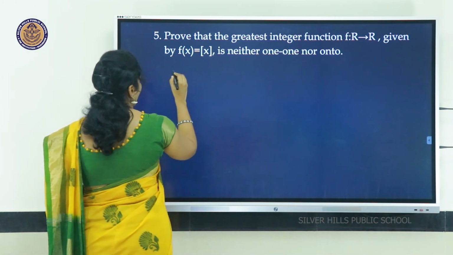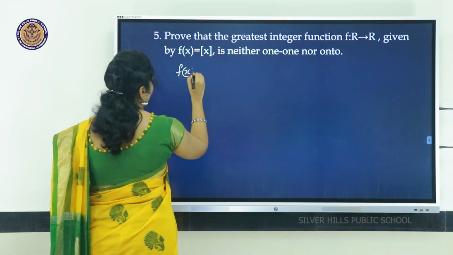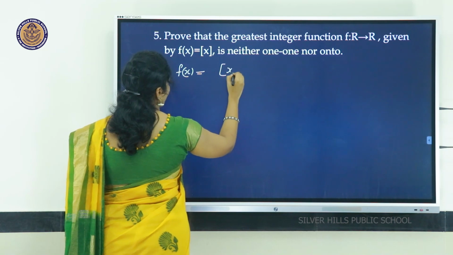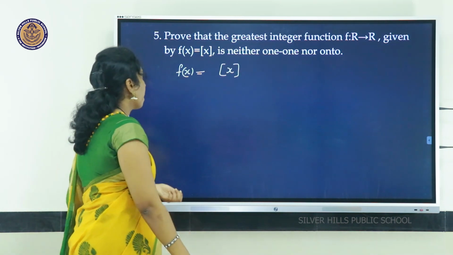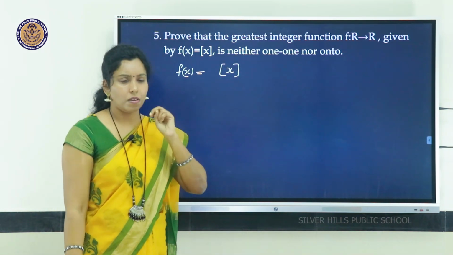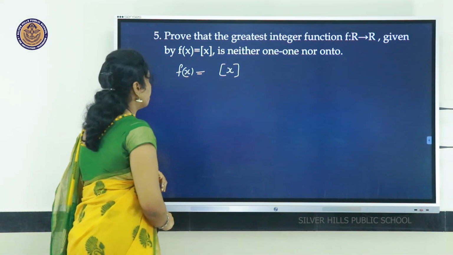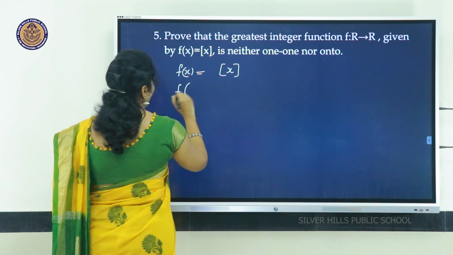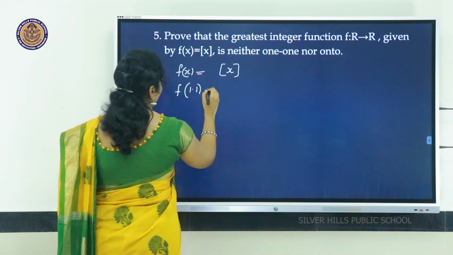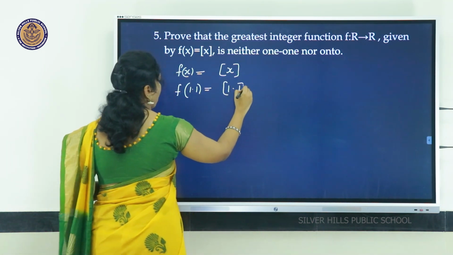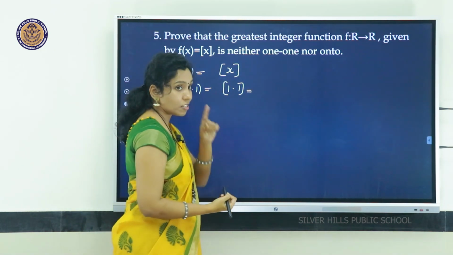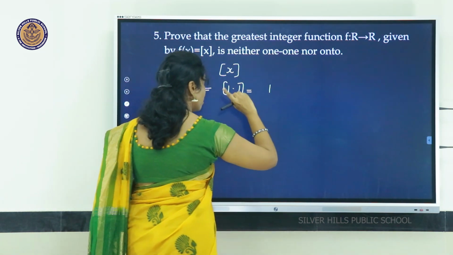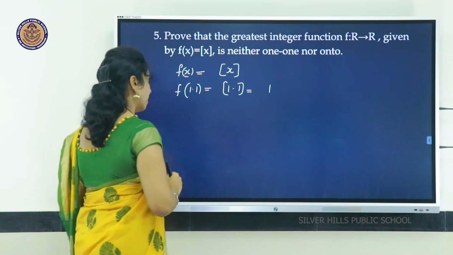Given f of x is equal to greatest integer of x. Now I am going to take two numbers, say x1 and x2. Let it be f of 1.1, that is equal to box 1.1. What is the answer, children? It is 1. Greatest integer not exceeding 1.1.